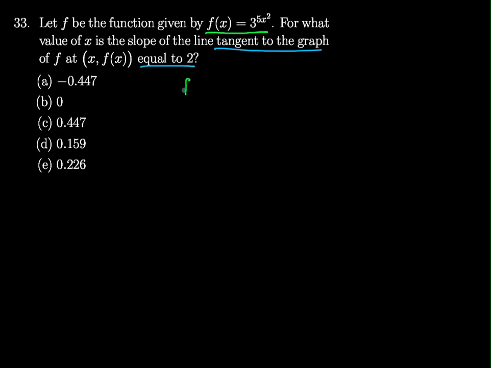So we'll start off with f of x equal to 3 to the 5x squared. And I'm going to take the derivative of this side. Now I'm going to write it using this notation because I'm going to have to do a little chain rule, because I notice that I have 3 to an exponent, and then that exponent is another function, an outside function and an inside function.